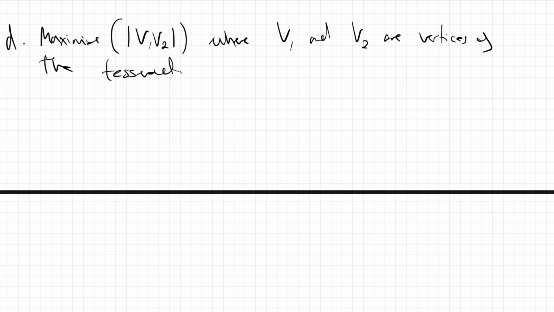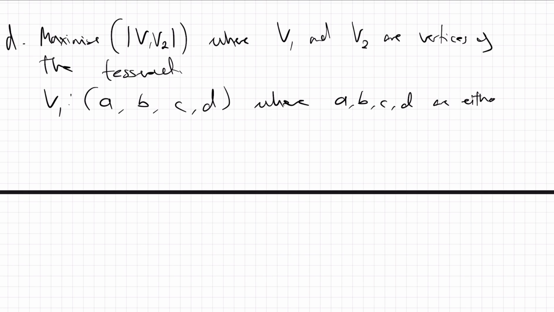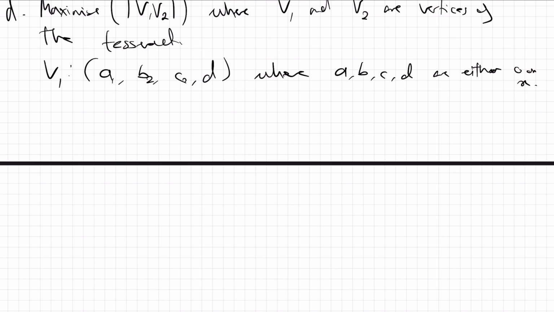So we can say V1 is going to be of the form A, B, C, D, where A, B, C, D are either 0 or x. And similarly, we'll just define V2 to be the same sort of thing. Sorry, I should have made these all ones.